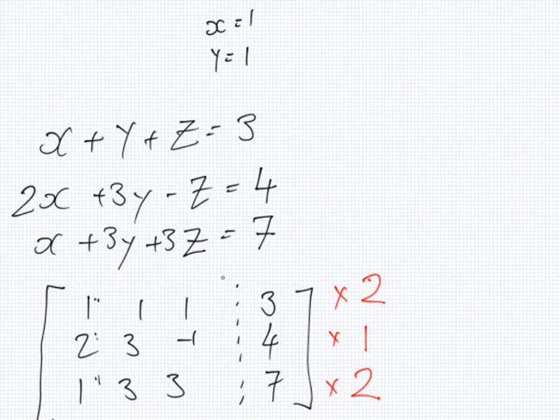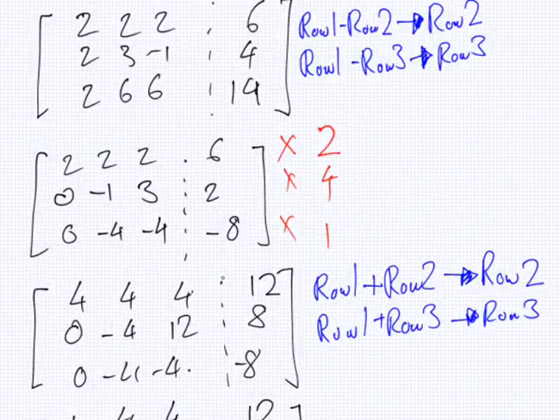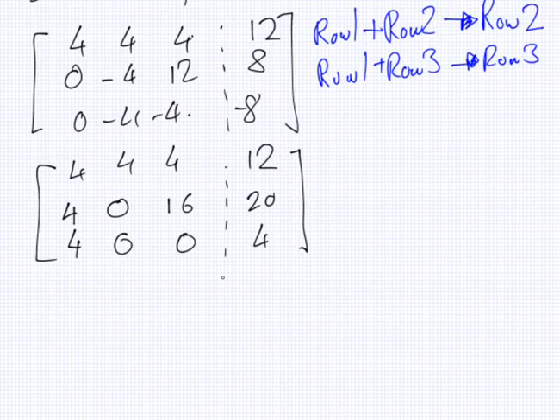And row 2 stays the same: 0, 117 and 117. And finally, I'll divide this by 78 and this one by 117. So now I'm left with 1, 0, 1, 0, 1, 1.